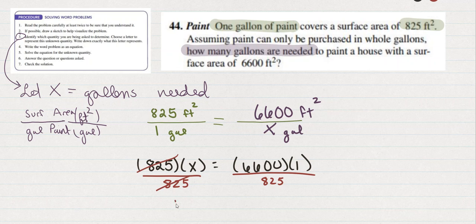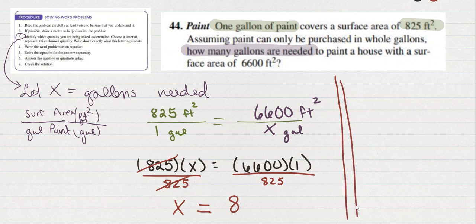So I'd be left with X equals, and I'm going to pull out a calculator. If I do 6600 divided by 825, I get 8. And now the last step, I'm going to make sure I answer the question, and I'm going to use a therefore statement to answer this question.